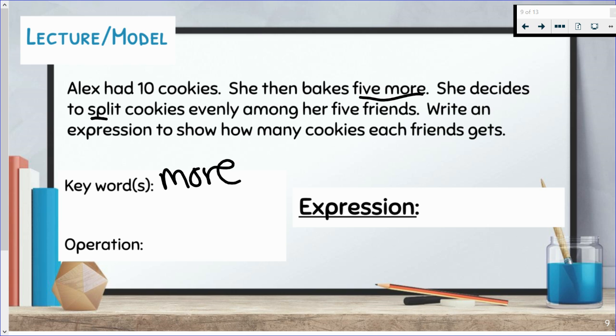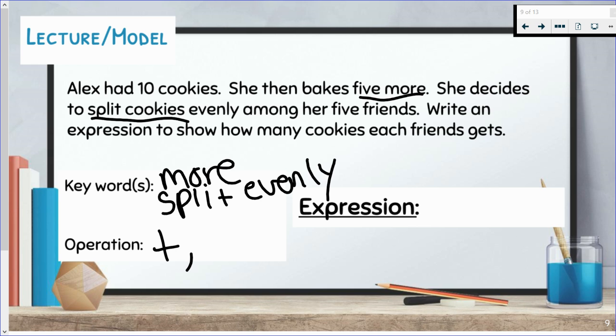But then she also split evenly. So that's also going to mean something too. So we actually have 2 different operations going on here. We have addition and we have division. She's adding to the cookies that she already had and then dividing them up.